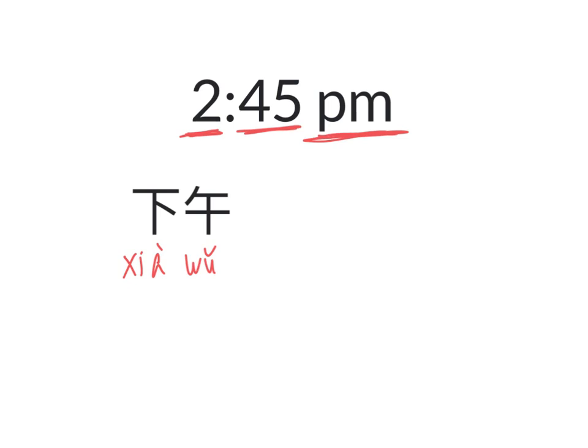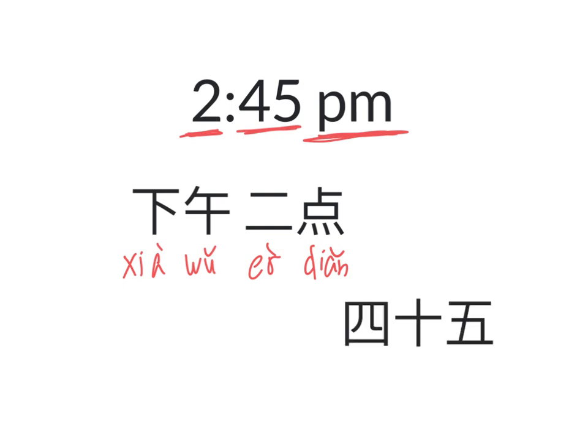Next, we have to deal with the hour. So we have the hour 2, and since it is in the hour place, we have 2点. And we have 45. How do we say 45 in Chinese?